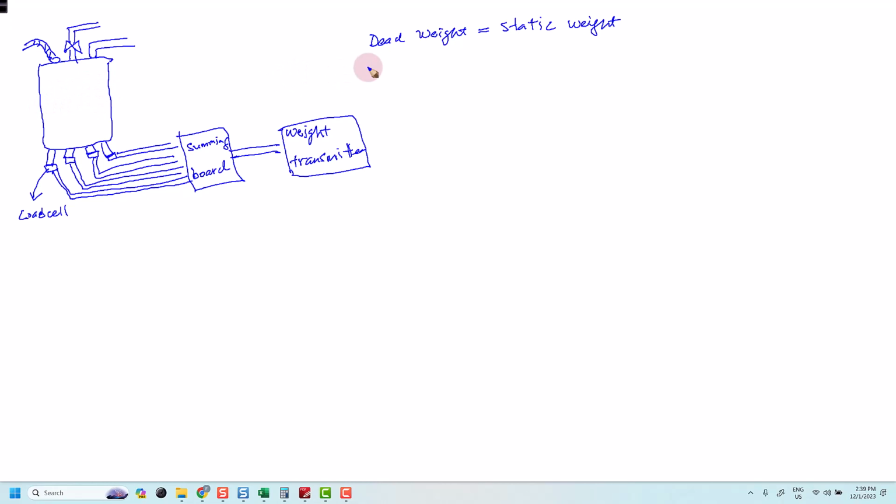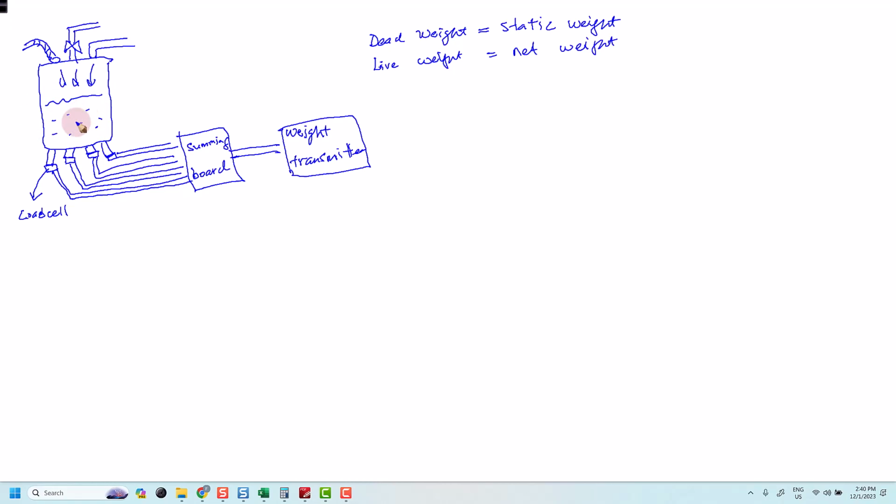Live weight is called dynamic weight or net weight. When you fill water or product into the tank, this is the live weight or net weight.